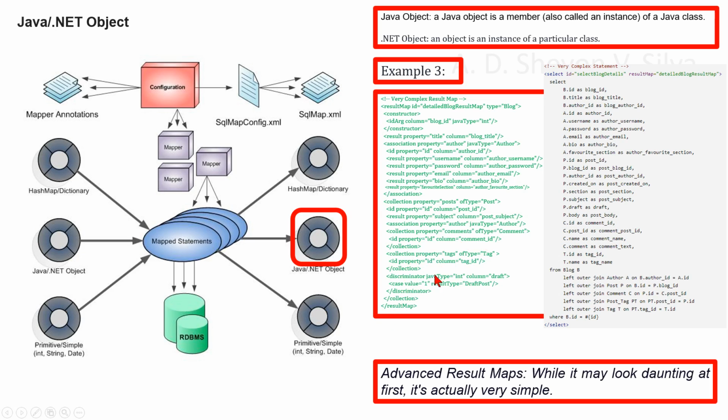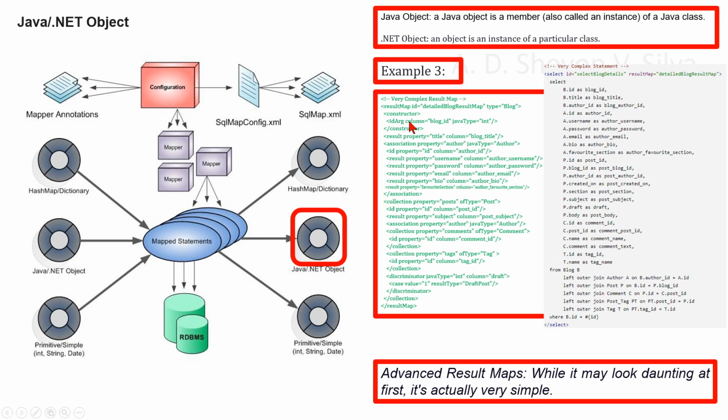The result map element has a number of sub-elements and a structure worthy of some discussion. The following is a conceptual view of the result map element. Result map, here they are. Constructor is used for injecting results into the constructor of a class upon instantiation.